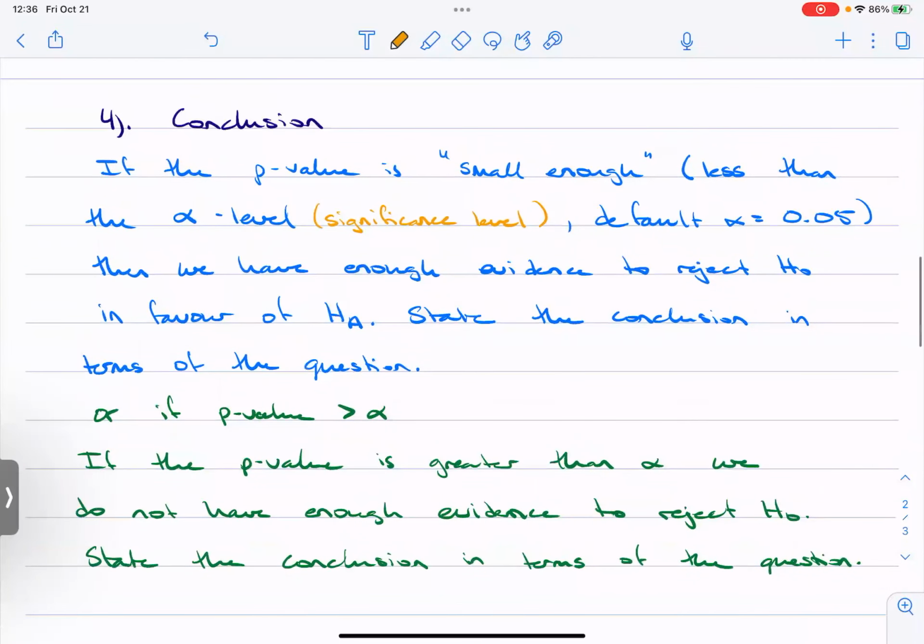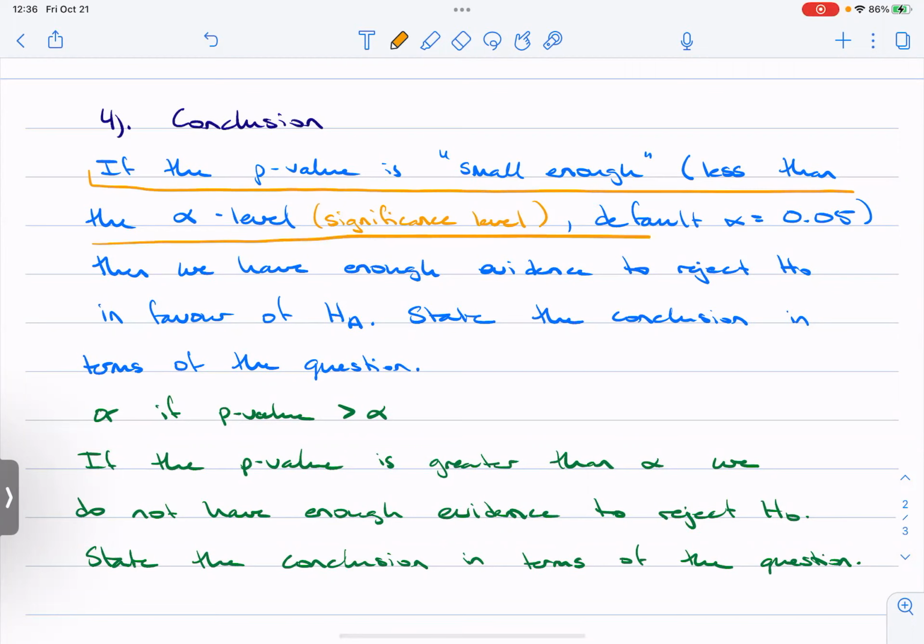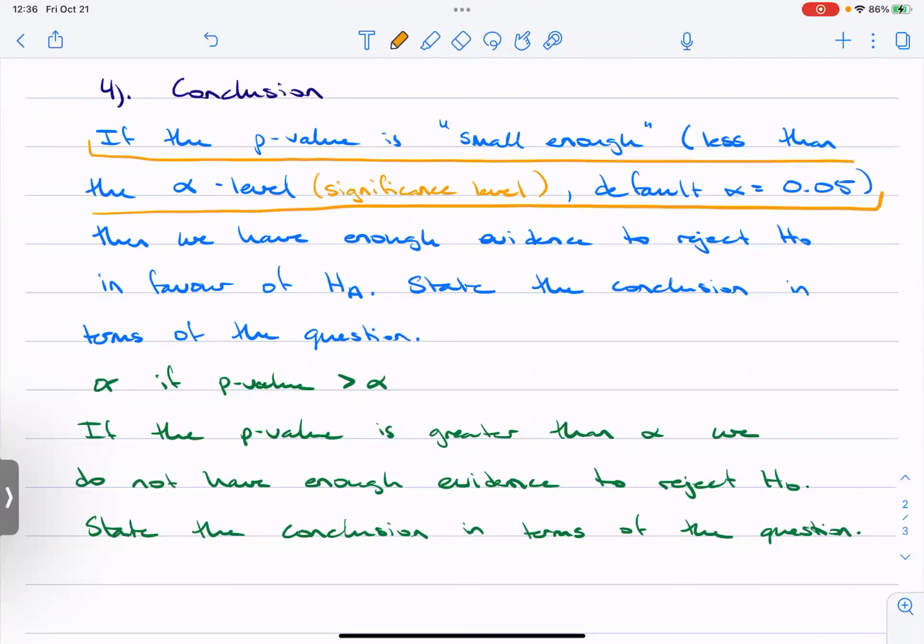So what I want to do here is just break up both of these, where the first part is I compare the p-value to the alpha level, just generically.